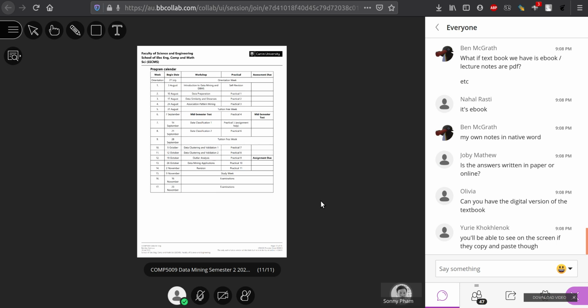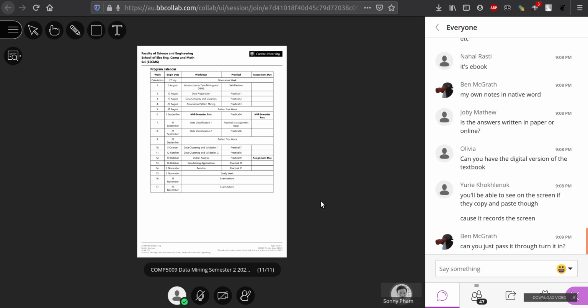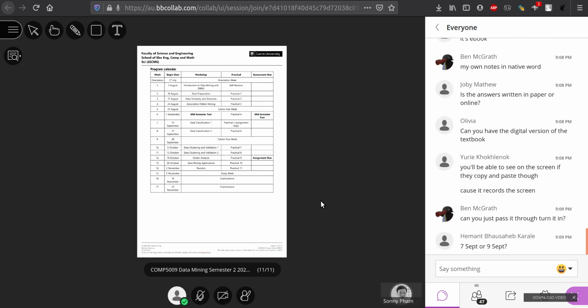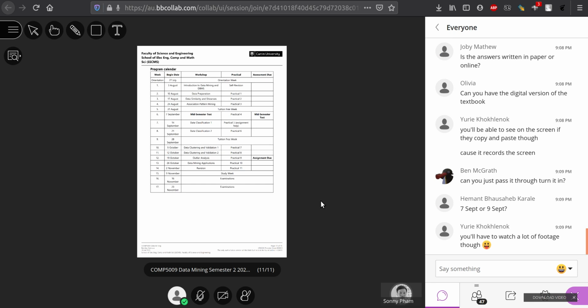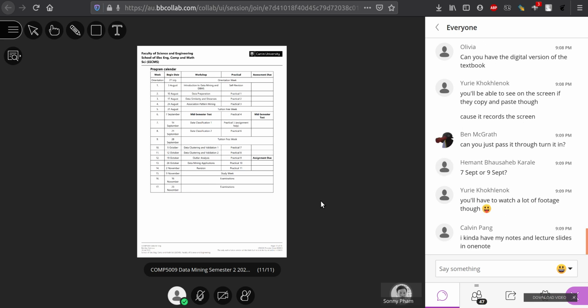You'll be able to see on the screen if they copy and paste, though. Yeah, in theory I could, but I do not really have trust or confidence in how well Iris can perform, because this is the first time I have to watch the footage, and I have to figure out how often Iris captures abnormal behavior.